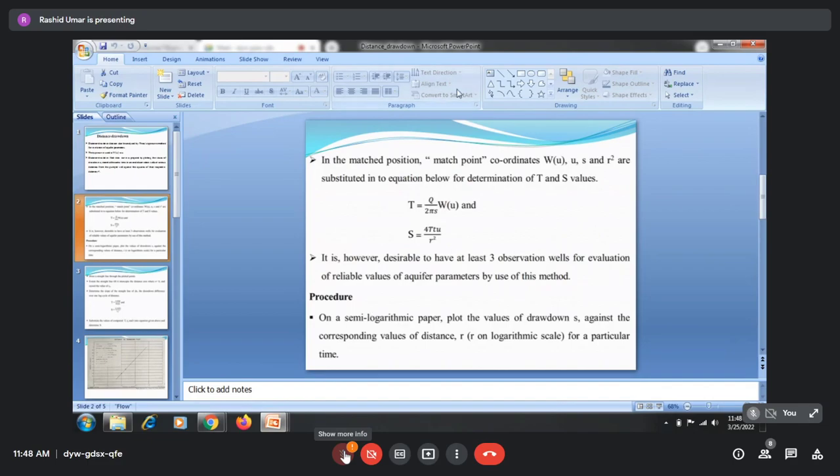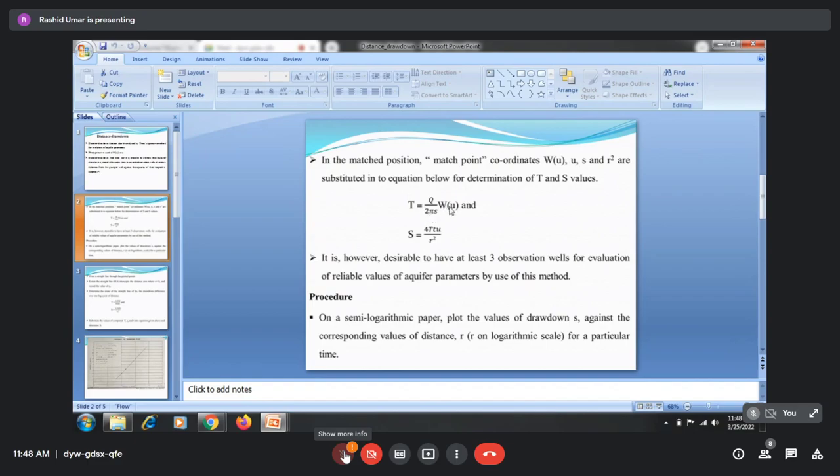Now this is the equation, you remember, T is equal to Q upon 4 pi s W(u), and S is equal to 4Ttu upon r square. Here the only difference I have observed is that the 4 pi changes to 2 pi delta s.